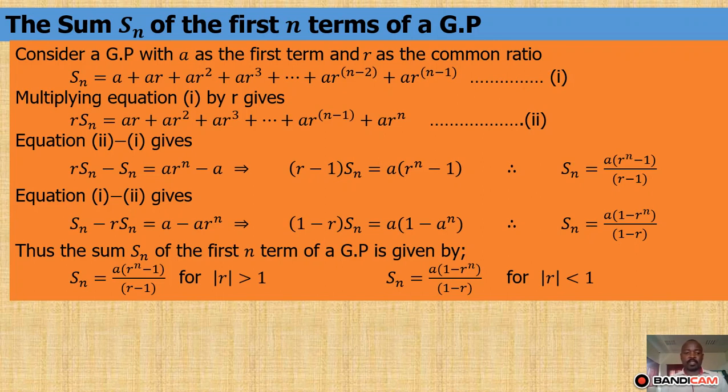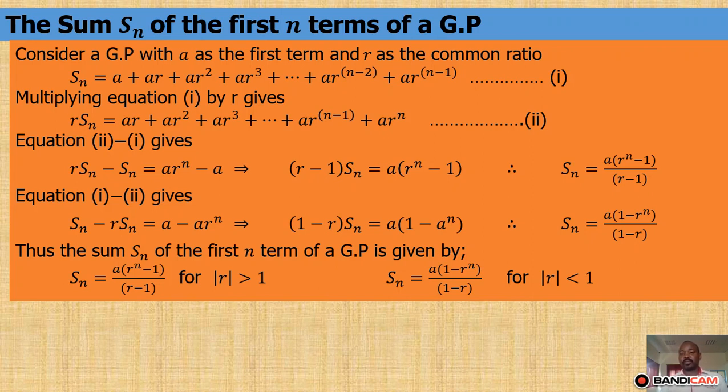The second expression, Sn equals a(1 minus r^n) over 1 minus r, is used when the modulus of r is less than 1.